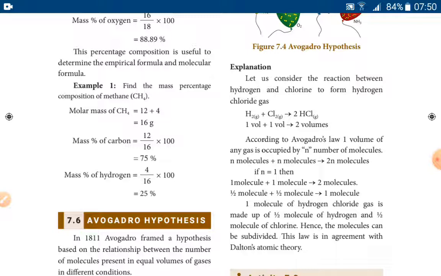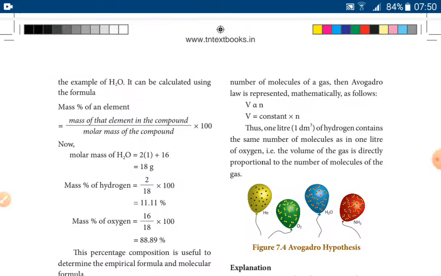But in hydrogen, 4 hydrogen atoms, atomic mass is 4. 4 by 16 molar mass into 100, 25%. That is the mass percentage of hydrogen in methane, 25%. So this type of mass percentage calculation can be done using the simple formula: mass percentage of an element is equal to mass of that element in the compound divided by molar mass of the compound into 100.